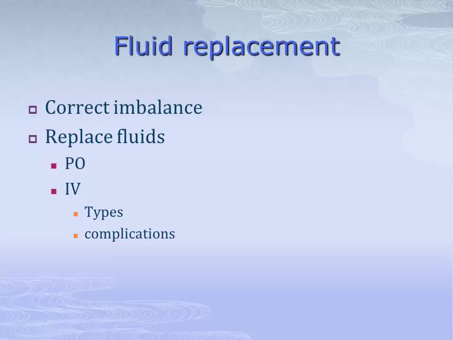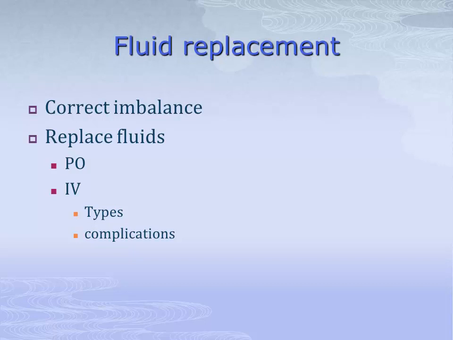And just to go back to PO, think about the reasons that PO might not be reasonable. If they're nauseated, if they're having significant diarrhea and they're losing it as fast as they're taking it in, burns, significant burns, you're not going to be able to get enough fluid in by mouth to overcome the fluid loss. So obviously we have to look at the patient condition.